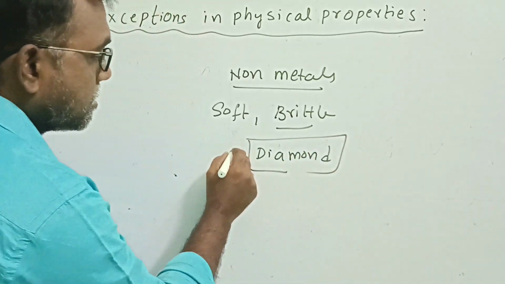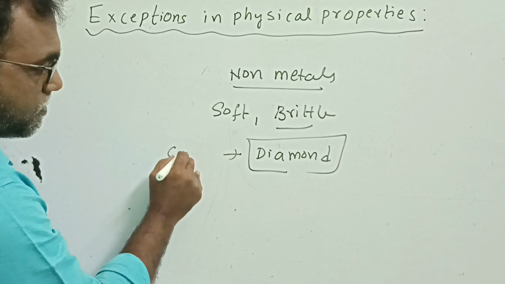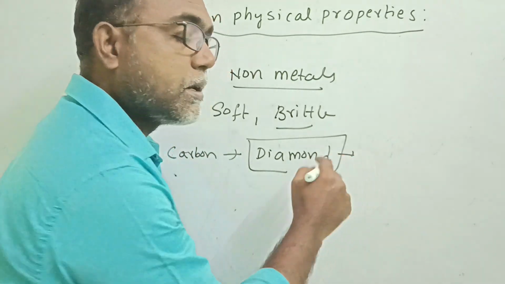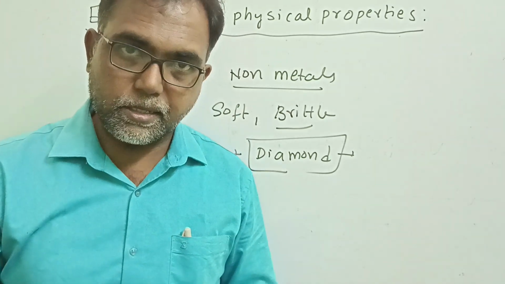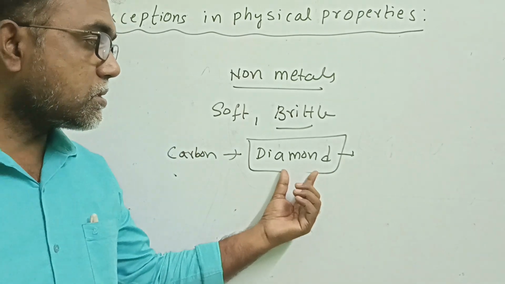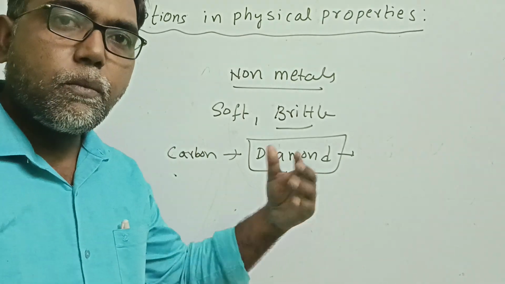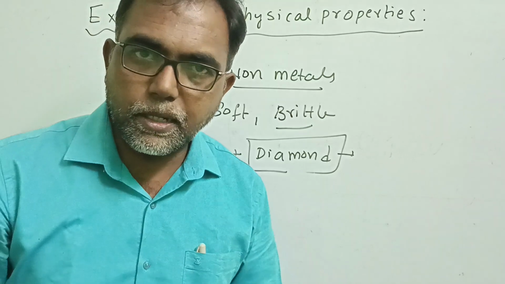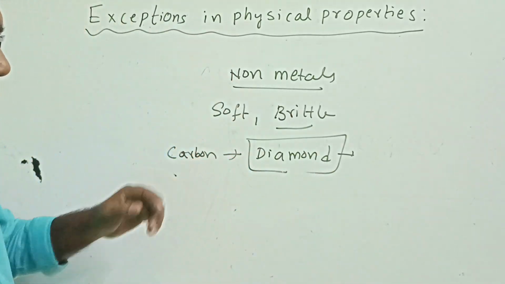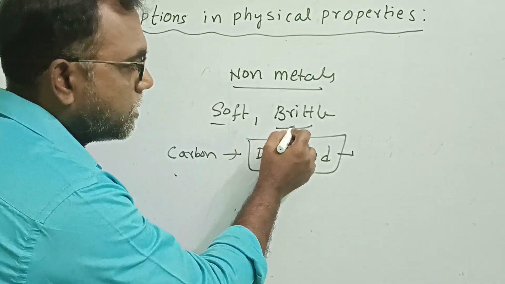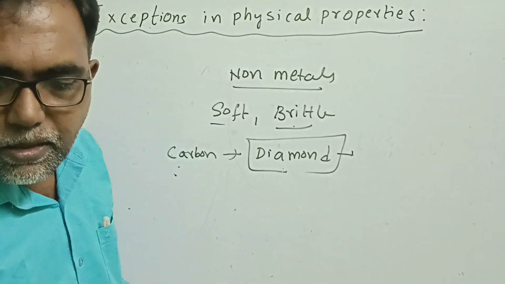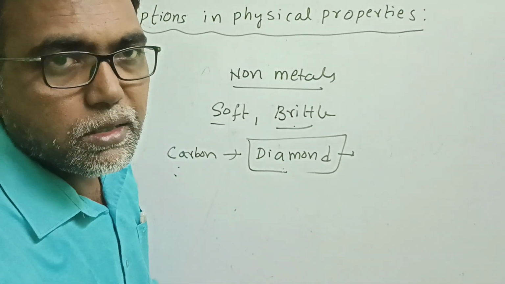Diamond is made from carbon, and diamond is the naturally occurring hardest substance in the earth's crust. The hardness of diamond shows metallic property. So this is another exception. Non-metals are generally soft and brittle, but carbon in the form of diamond is hard in nature.